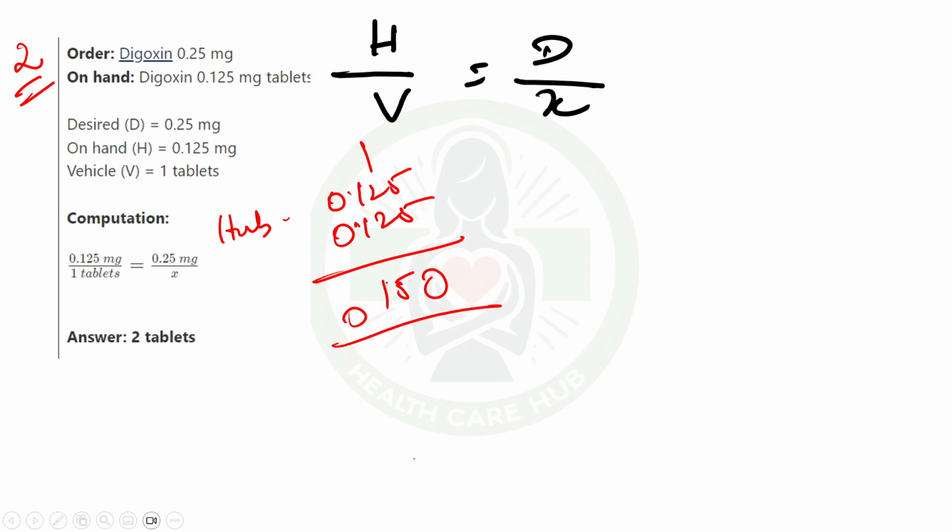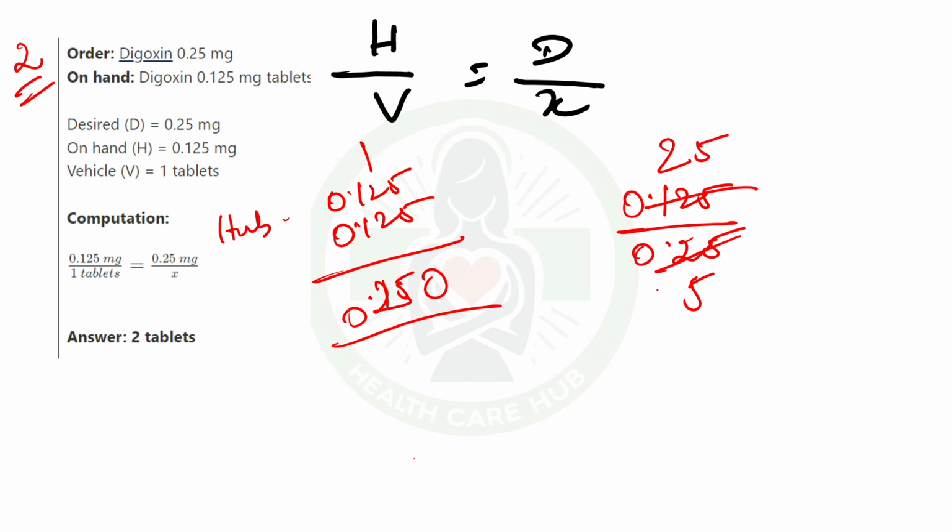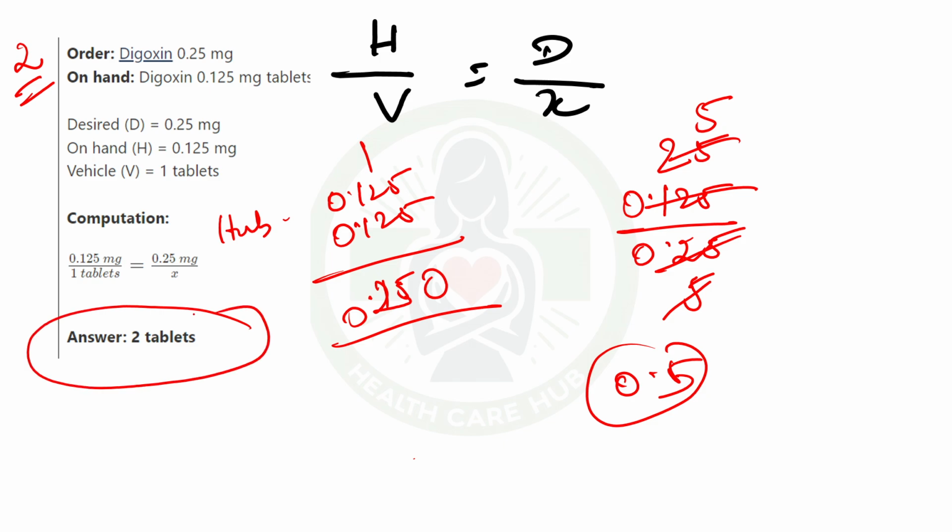On hand we have 0.125 per tablet, and the desired dose is 0.250. So 0.125 by 0.25: 5 5s are 25, 5 2s are 10, 5 5s are 25 and 5. So we are going to get 0.5 here. But here the answer is 2 tablets, right?